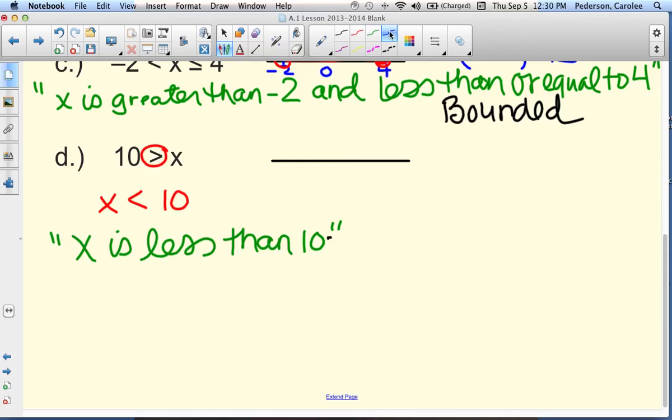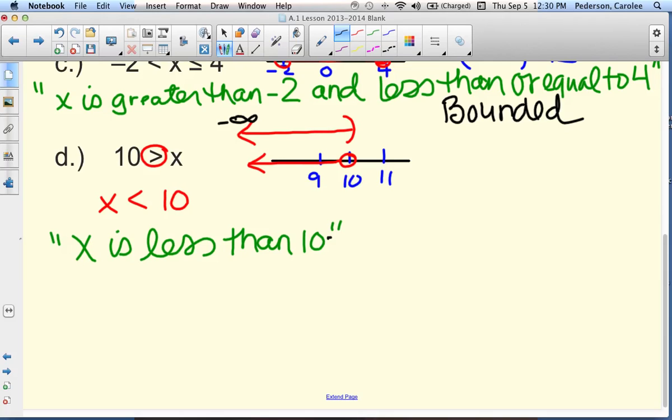Now to graph it, here's 9, 10, 11. X is less than 10. So open circle, less means it's going to the left, or a parentheses going off to the left, and it's going off to -infinity. So it starts at -infinity and then stops just a little before 10.